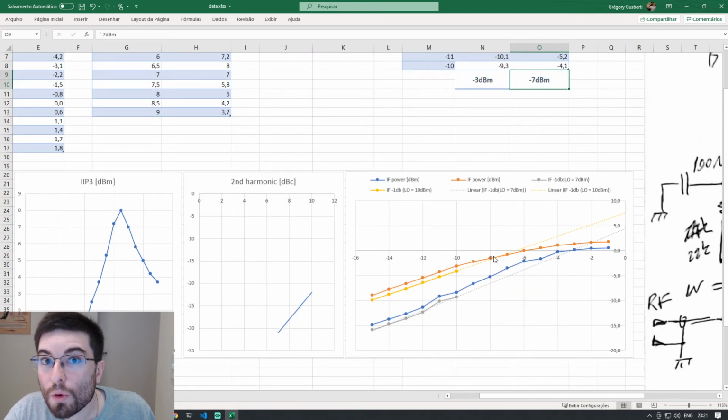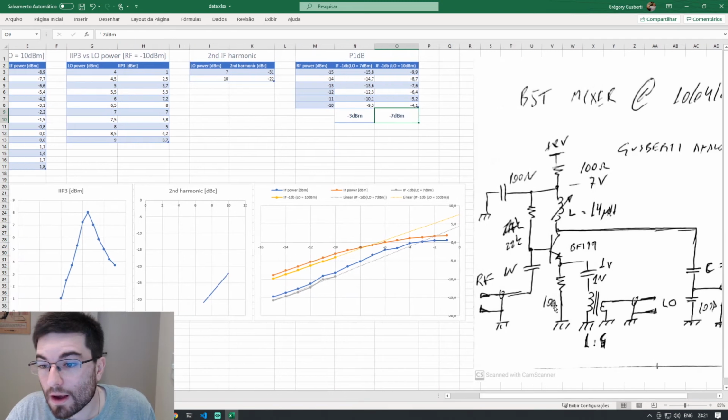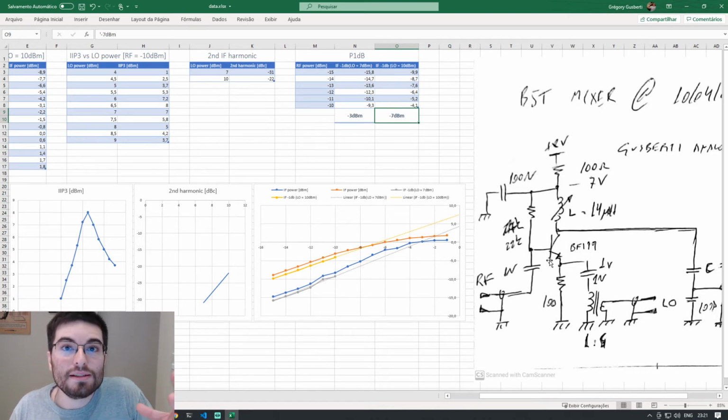So the signal will compress first using more power in the LO. And this is because when we increase the LO power, we change the transistor bias. And now the transistor is working more in a large signal behavior, because we are exciting more the non-linearities.